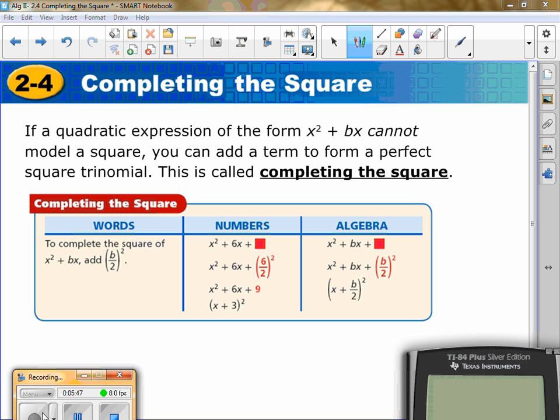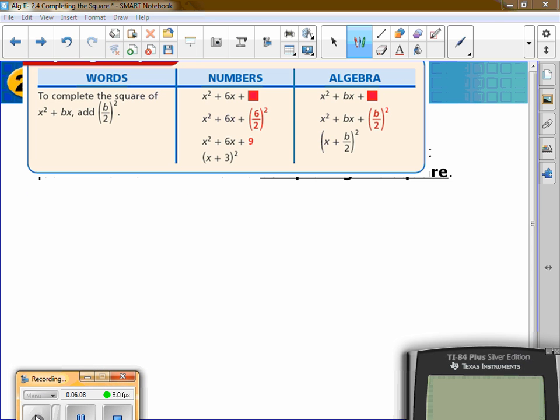For completing the square, we're going to create perfect squares. So if I have x squared plus 6x, and I want to make it a perfect square, I need to find out what number goes on the end. If we have x squared plus 6x plus something, I want to find out what this something would have been.